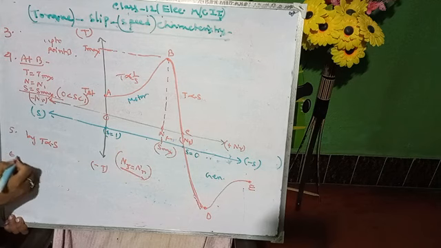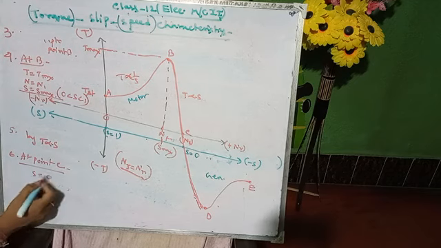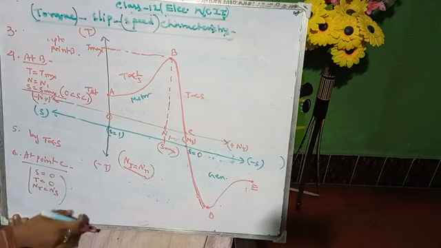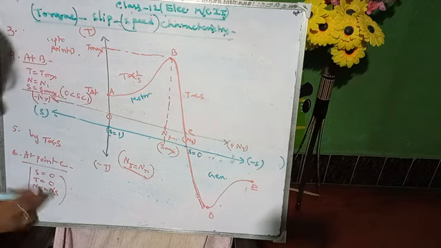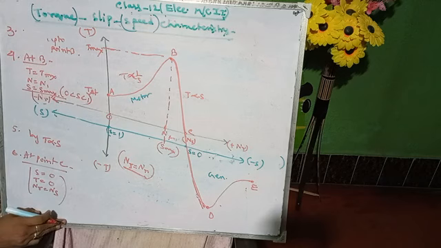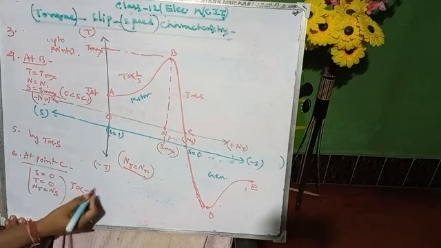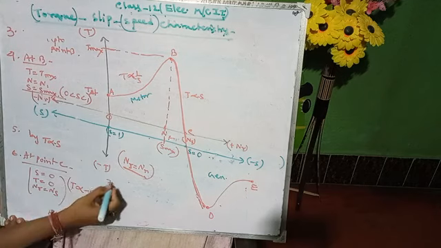Next, at point C, S equals 0, T equals 0, nr equals ns. This is the concept. When nr equals ns, slip will be 0, and if slip is 0, then torque will also be 0, because torque is proportional to negative of s within this region.